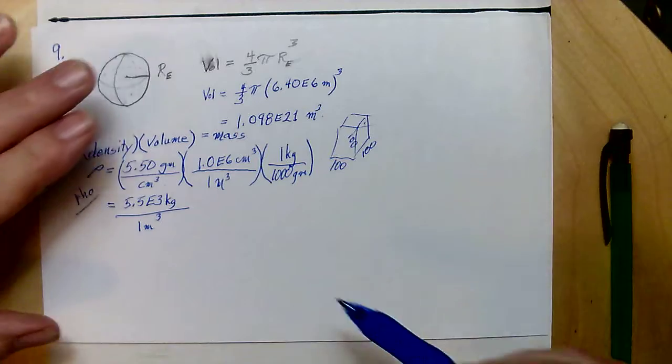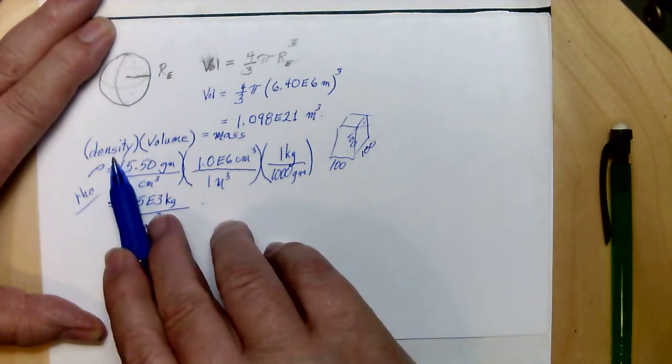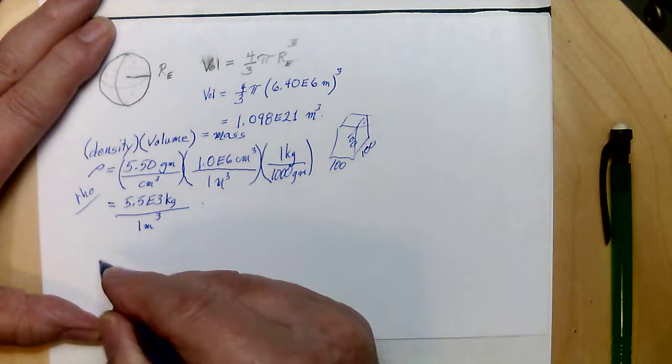So this value times this volume, density times volume, is equal to mass.